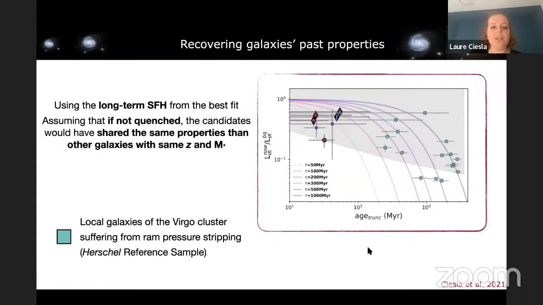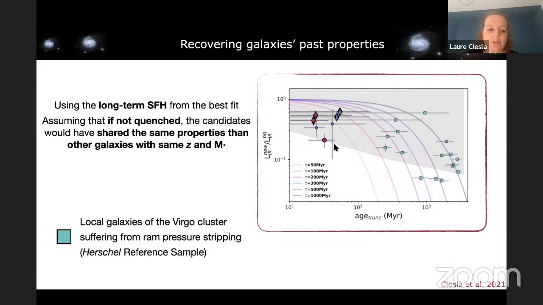And we could go a bit further. We had, of course, to make some assumptions that the attenuation from dust did not evolve since the quenching of the galaxy. And we used this long-term SFH that I just showed you to try to see what was the infrared luminosity of the galaxy before its quenching. And you can see here, these are the sample of the Cosmos galaxies.